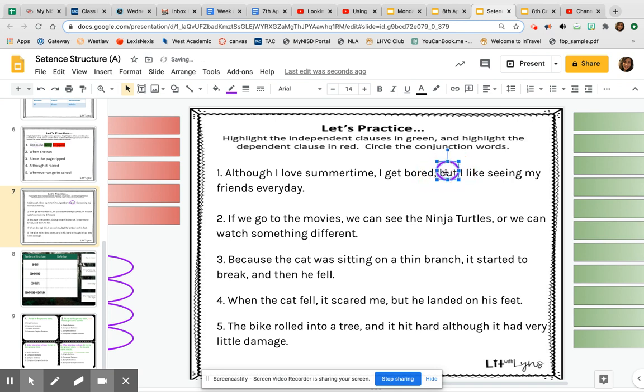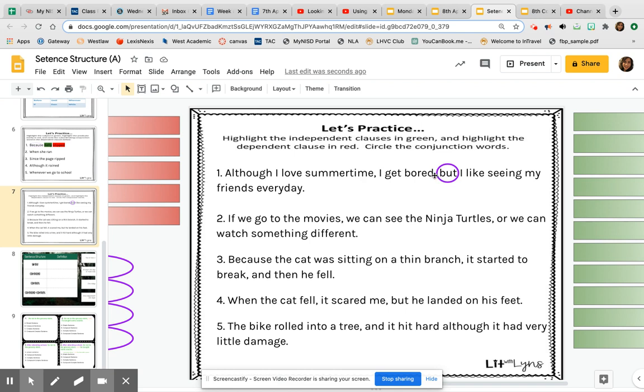Now I know on the other 2 sides of but, there is an independent clause and a dependent clause. So the easiest way to find an independent clause is to read through each part of the sentence. Which one makes sense without the other? Which one is a complete thought without the other? So although I love summertime, I get bored. Period.